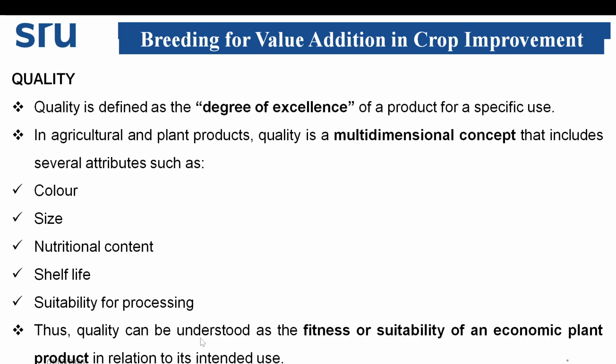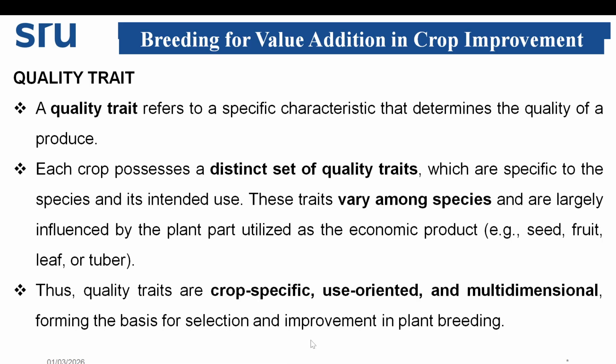Thus, the quality can be understood as a fitness or suitability of an economic plant product in relation to its intended use. A quality trait refers to a specific characteristic that determines the quality of the produce.